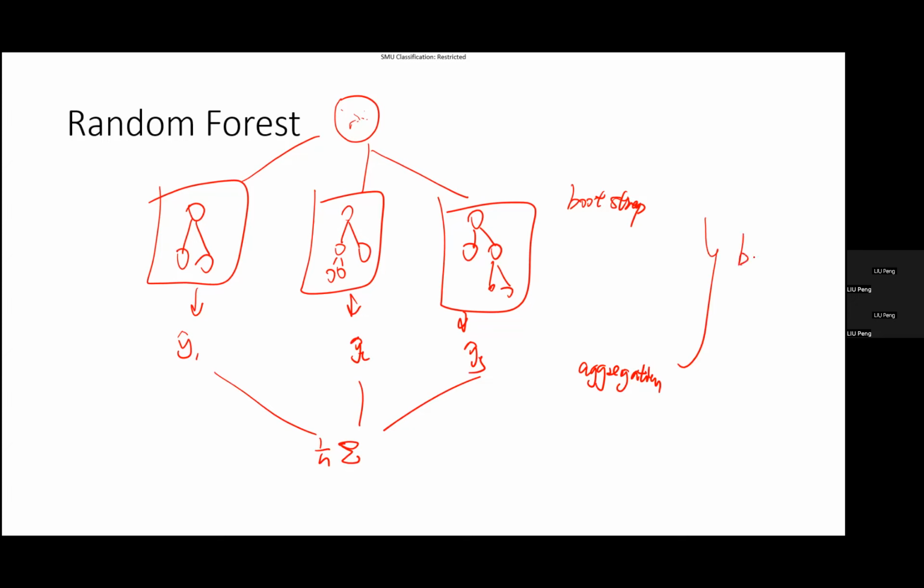This is called bagging. So essentially, bootstrap uses bagging to make a final decision. So this is our final prediction, right? But the individual piece is the same in terms of how we build a decision tree. So the process is quite computationally intensive.